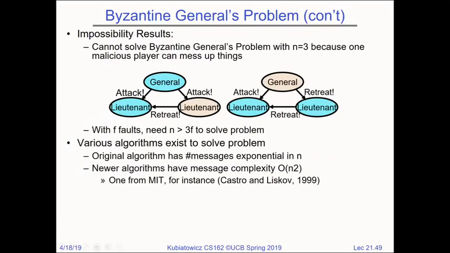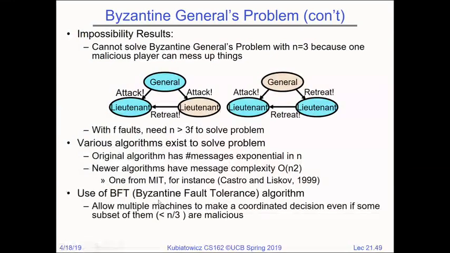Various algorithms exist to solve this problem. The original one was exponential in n, which obviously is not terribly great, but it was a great idea paper. Newer algorithms have complexity about n squared, etc. So there's a Byzantine fault tolerance algorithm that allows multiple machines to make a coordinated decision even if a subset of them, less than n over 3, are malicious.